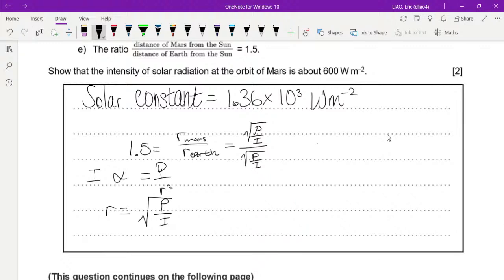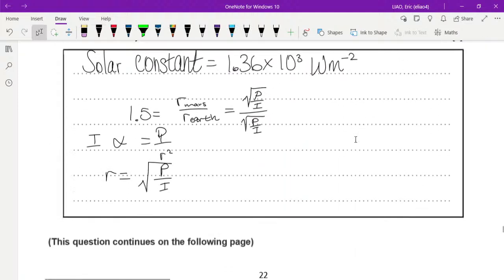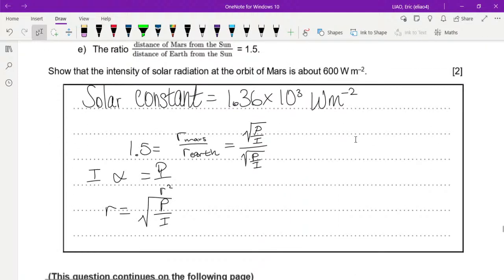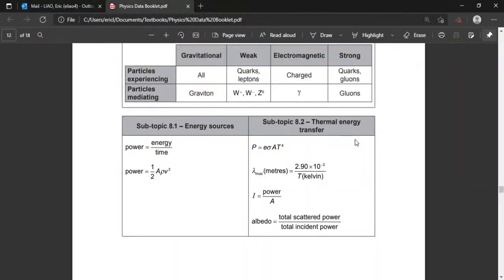That doesn't feel right. What's gonna cancel out here? I don't think we want intensity, we just want a power and a radius.